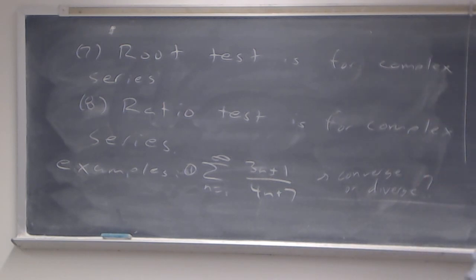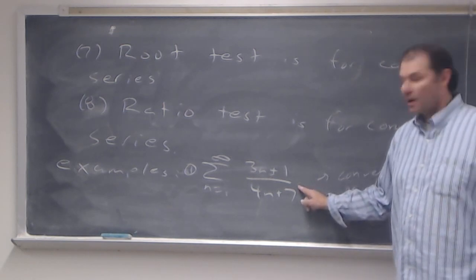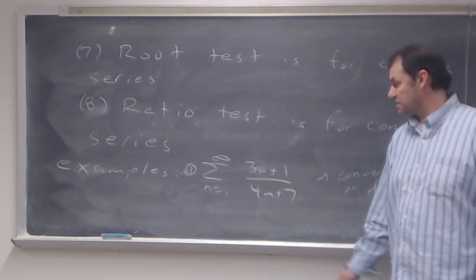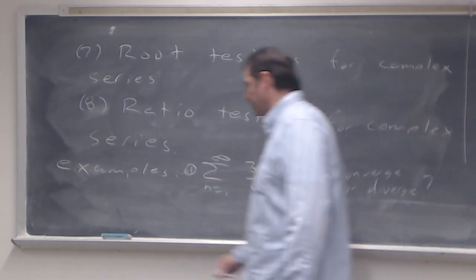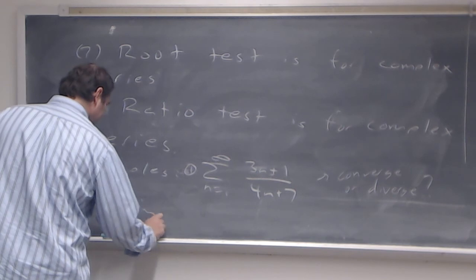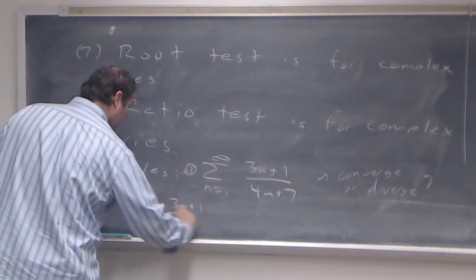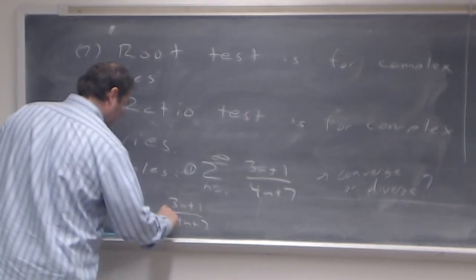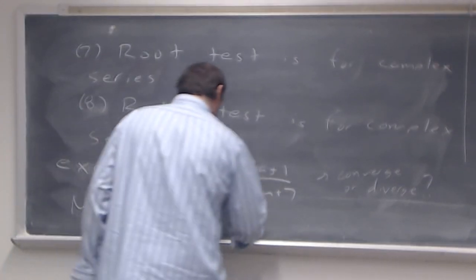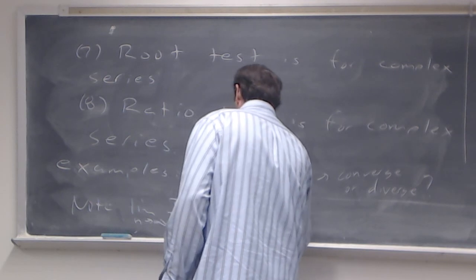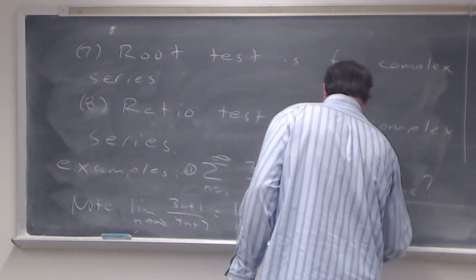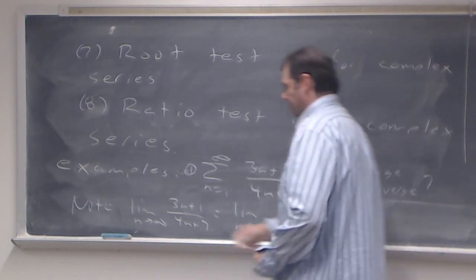Well, the way that I would handle this is that one of the things that has to happen for it to converge is that the limit has to be 0. But if you notice in this problem, the limit as n goes to infinity of 3n plus 1 over 4n plus 7 is infinity over infinity, so I'd use L'Hopital's rule, and that would yield the limit as n goes to infinity of 3 over 4, which equals 3 over 4, which is definitely not 0. So let me write it up over here.